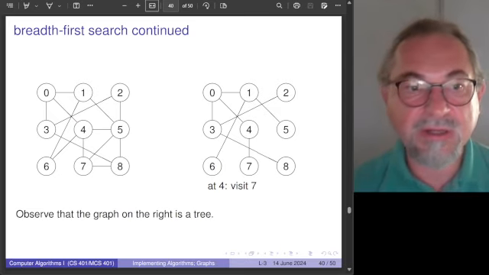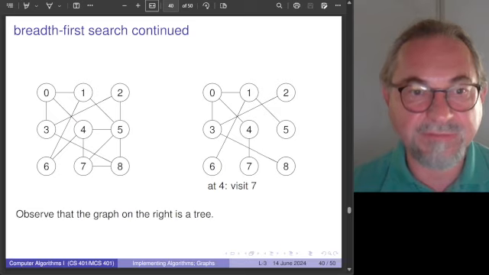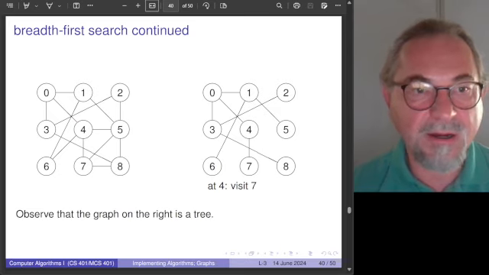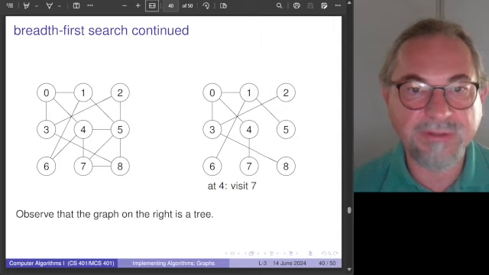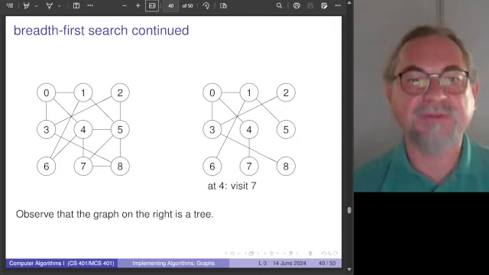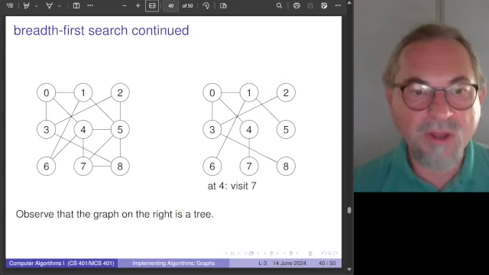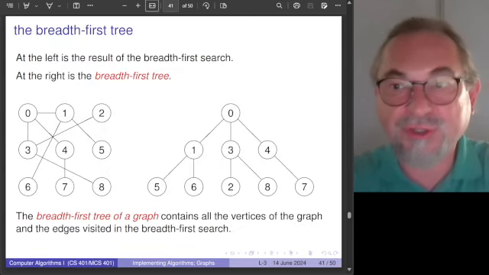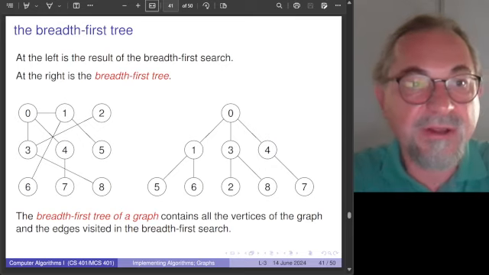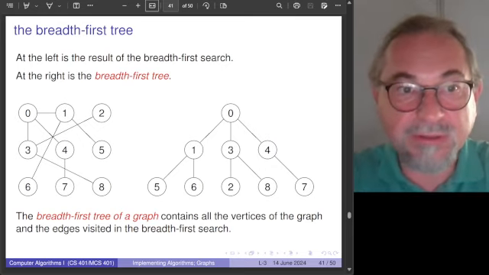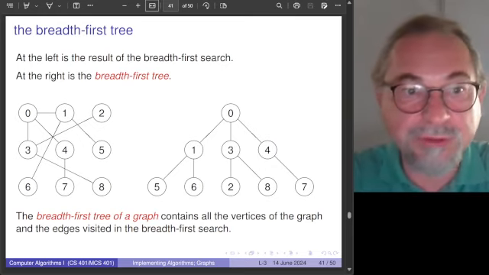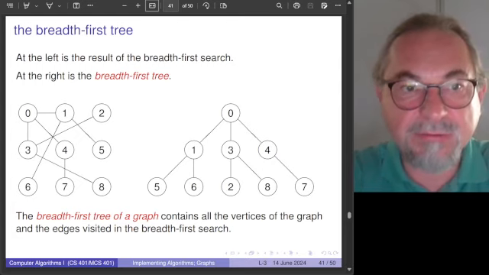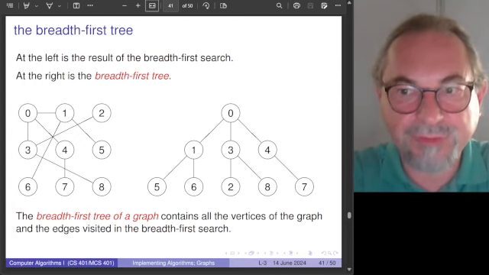So you can see that we visited 7 as the last one. 8 was visited when we visited 3, I'm sorry. Okay, so the next picture makes it clearer. So the result of this breadth first search algorithm is the breadth first tree.